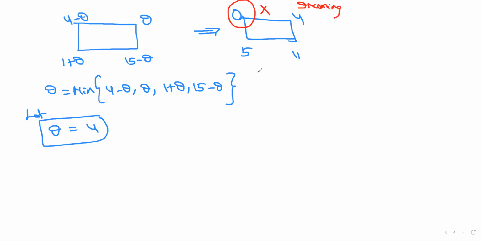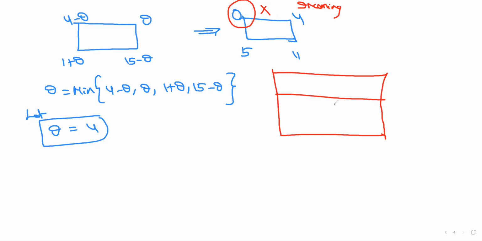These values we substitute in the new table, in the old table. Three rows and 4 columns we have.